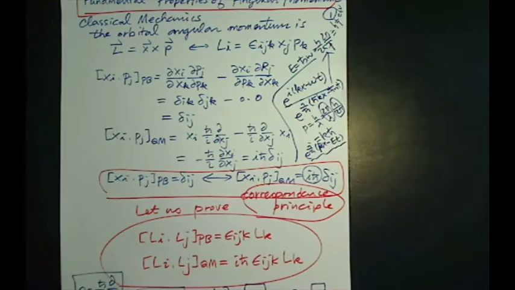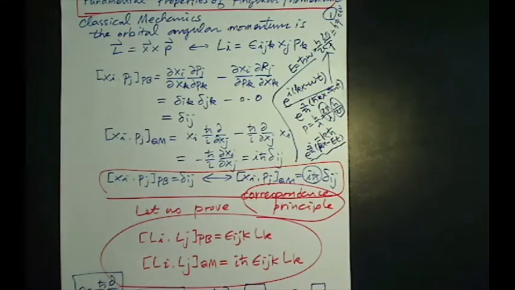The basic properties of the rotation matrix state that the Poisson bracket of orbital angular momentum, L_i and L_j, is epsilon ijk L_k. That means {L1, L2} gives L3, {L2, L1} gives minus L3, {L2, L3} gives L1, {L3, L2} gives minus L1, {L3, L1} gives L2, {L1, L3} gives minus L2.